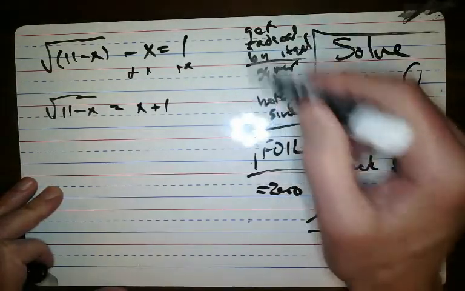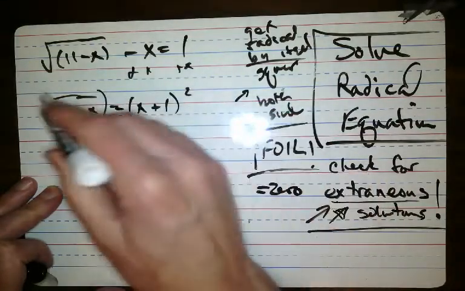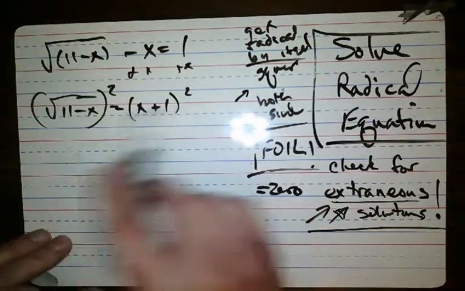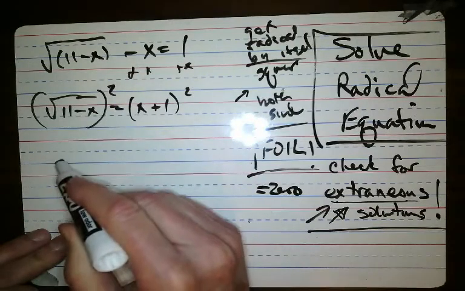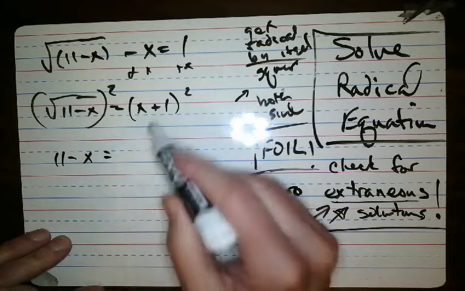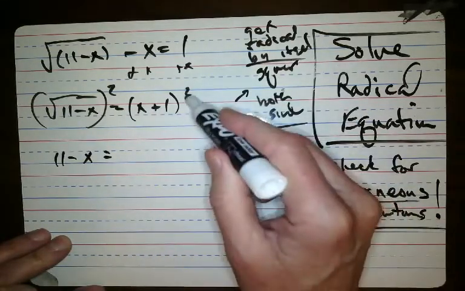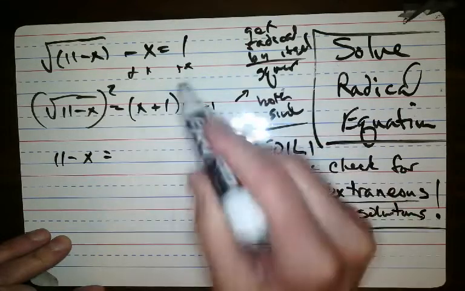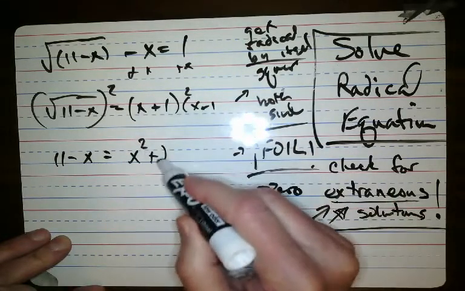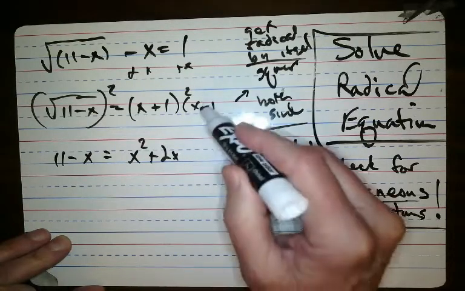Now I can square both sides. So now I'm ready for this step. Looky what I got. I got 11 minus x over here. And then remember, you have to do FOIL. Write it twice. That would be x squared plus 2x plus 1.